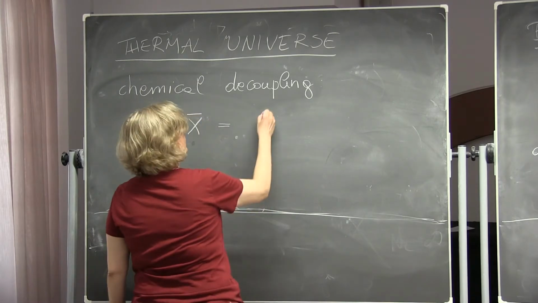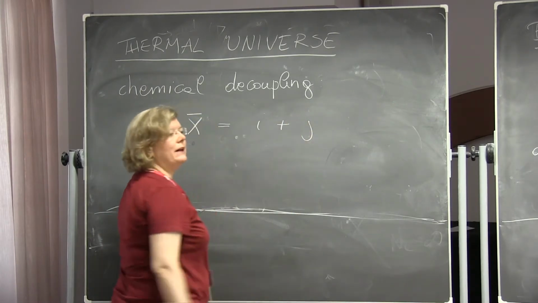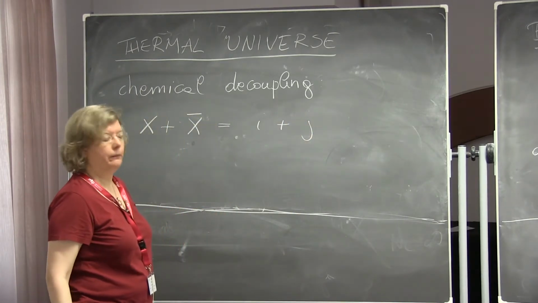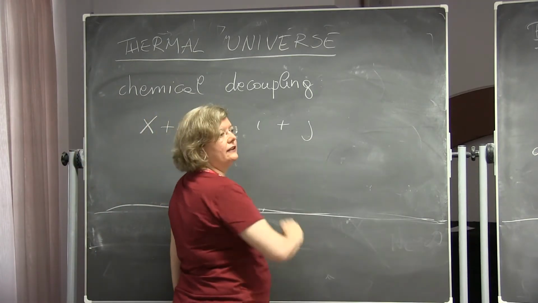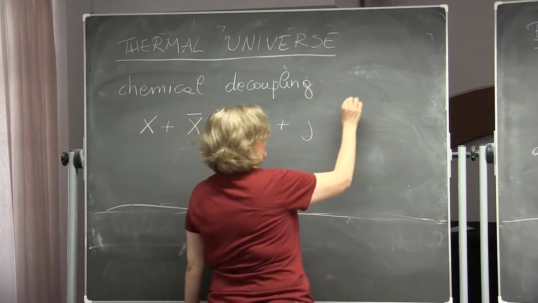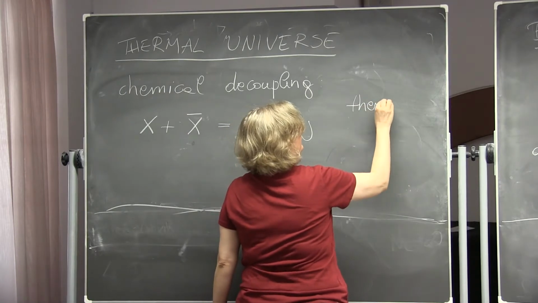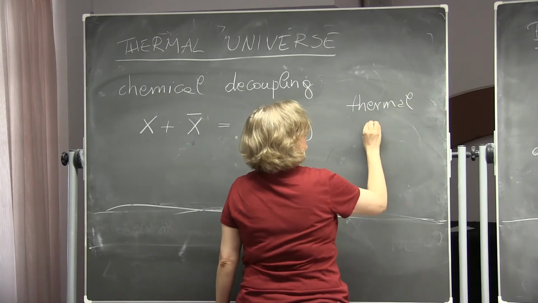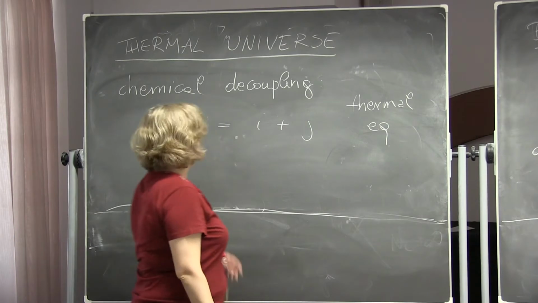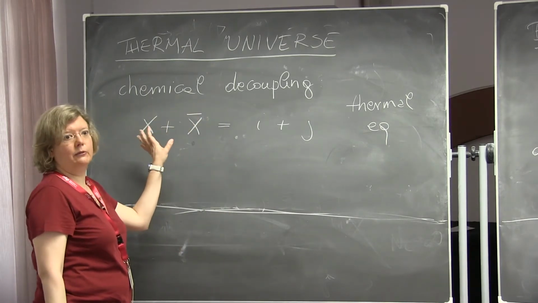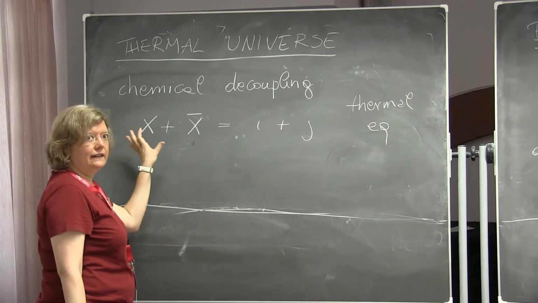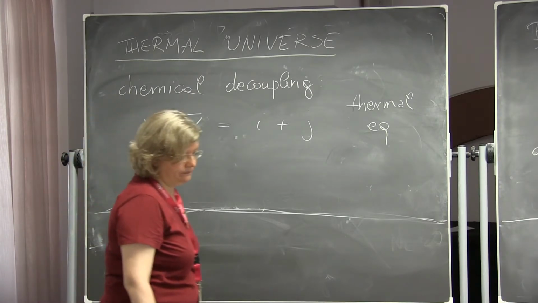And this goes to two other particles which are in thermal equilibrium. This could be standard model particles or other particles, but the important thing is that these are in thermal equilibrium. And this particle at the beginning is also in thermal equilibrium, but we will see in a minute it doesn't stay in thermal equilibrium forever.